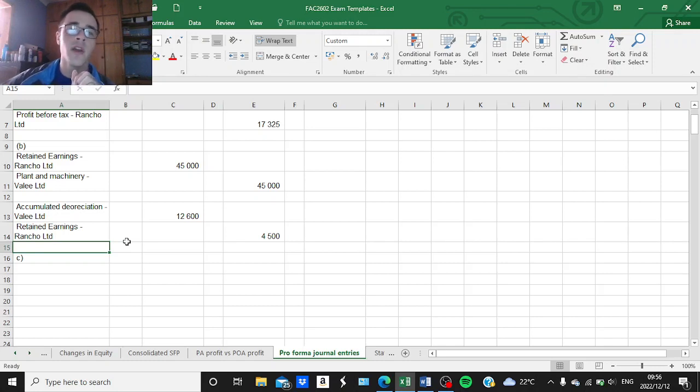But since we are not shown or given the expense items separately, we will make use of profit before tax. Okay, so normally you would use depreciation, in order to eliminate the current year's unrealized depreciation. But if the depreciation is not shown separately, or other expenses is not shown separately, you will make use of profit before tax. Okay, both will be marked correct.